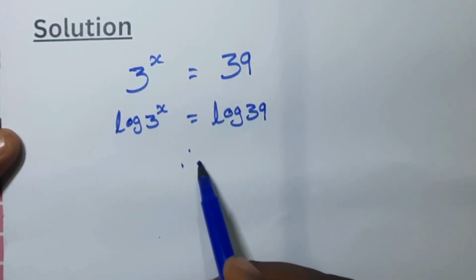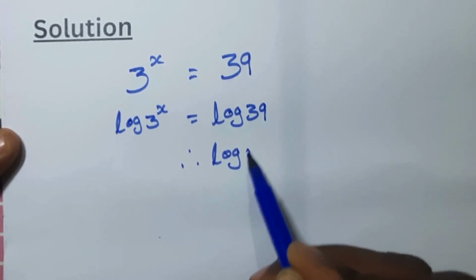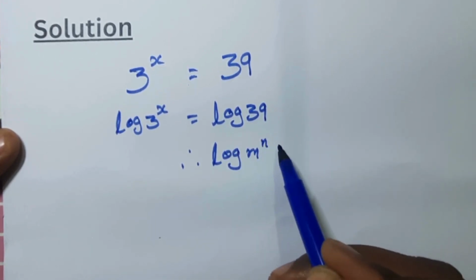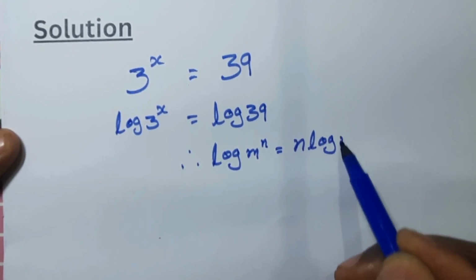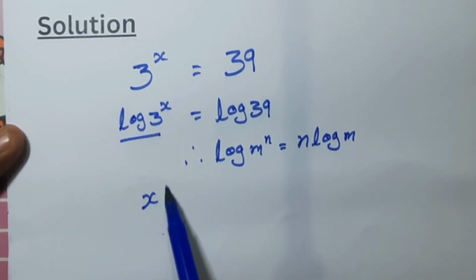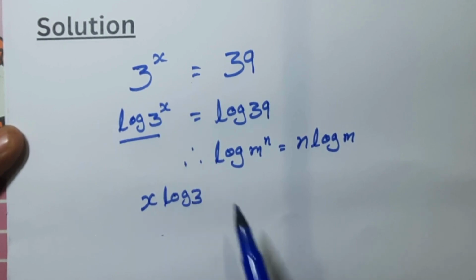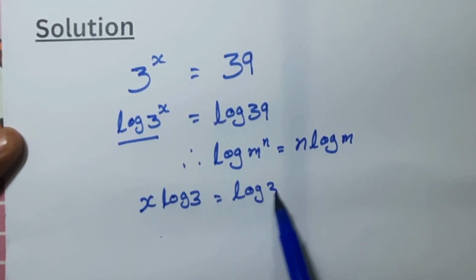Therefore, we know that log m to the power of n equals n log m. We are applying here x log 3 equals log 39.